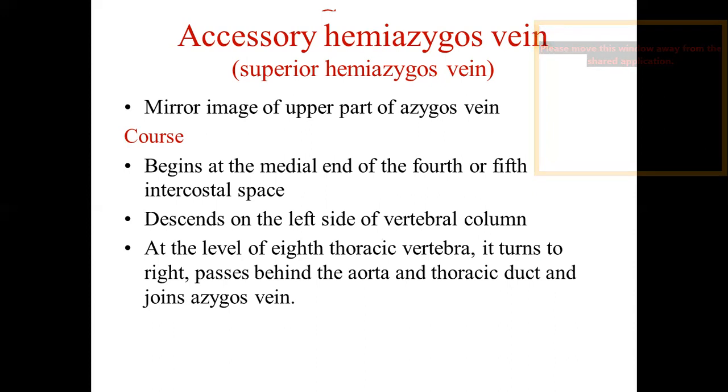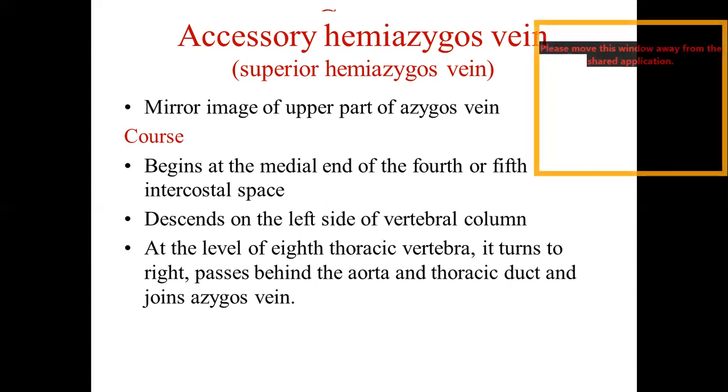So the 8th thoracic vertebra is the point where both veins, accessory hemiazygous and hemiazygous, turn towards the azygous vein for drainage. It is the landmark for finding both veins. It passes behind the aorta and thoracic duct, and then joins the azygous vein.